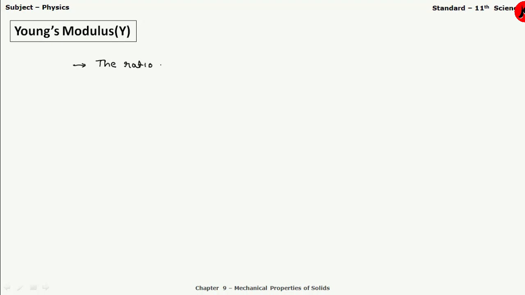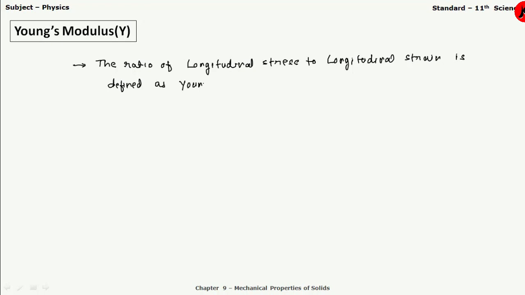The ratio of longitudinal stress to longitudinal strain is defined as Young's modulus, and it is denoted by the symbol Y. And we know in the case of longitudinal stress there are two kinds of stress possible, whether it is compressive or tensile.